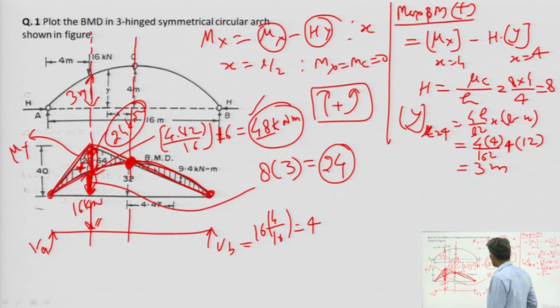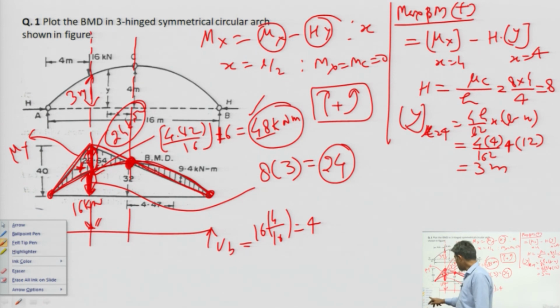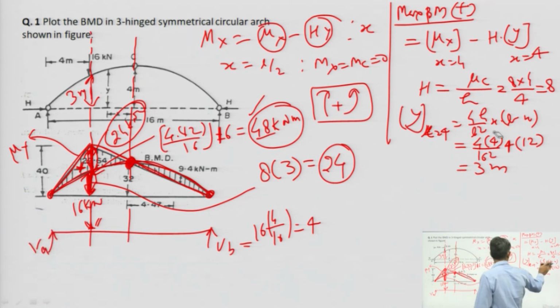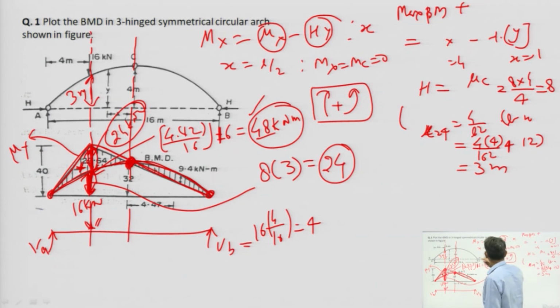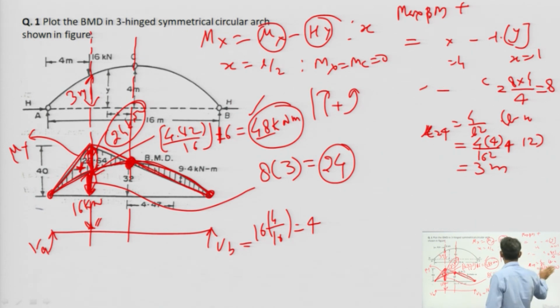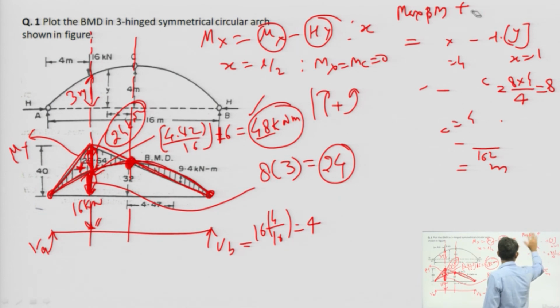And for maximum negative bending moment, what we will do? We will write an equation of bending moment for the BC segment.